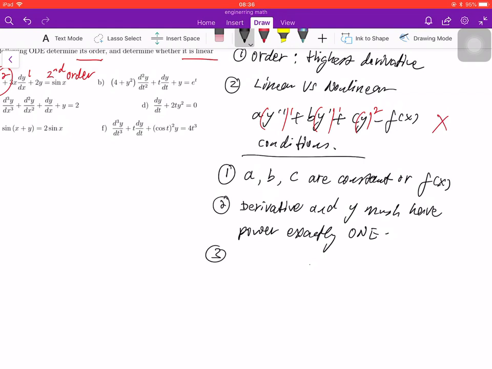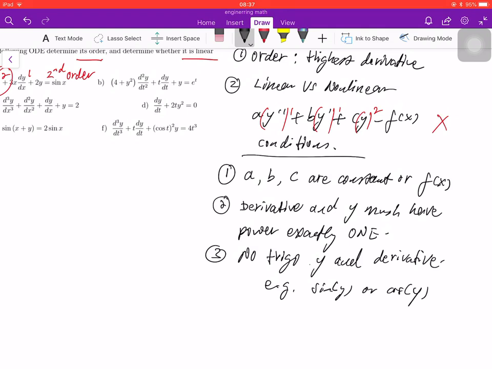Now we see condition 3, no trigonometric functions of y and its derivatives. For example, if you see sine y or cosine y in the differential equation, then the ODE is non-linear.